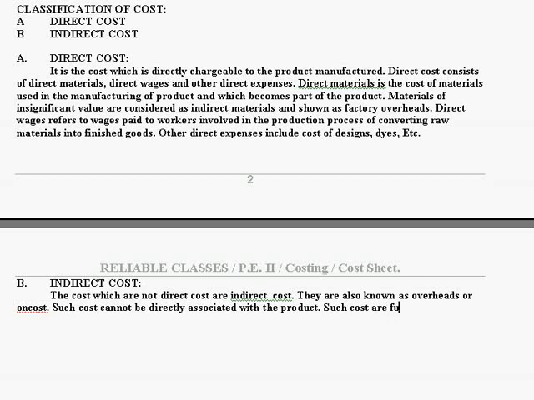Such costs are further classified into factory overheads, office and administration overheads, and selling and distribution overheads.